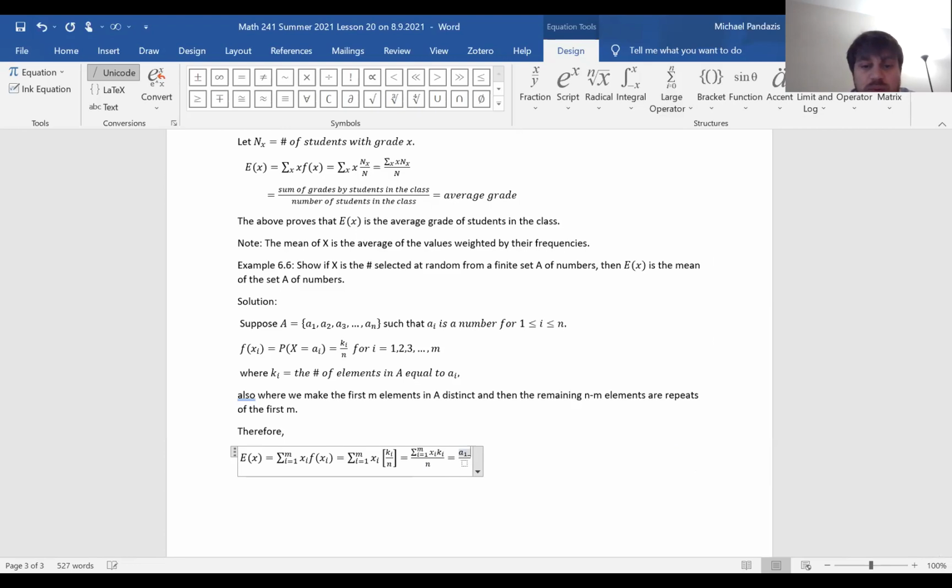That's the sum of all the a values: a1 plus a2 plus a3 plus dot dot dot plus a sub n, all of them, divided by n. And so that's equal to the mean of the set capital A of numbers.